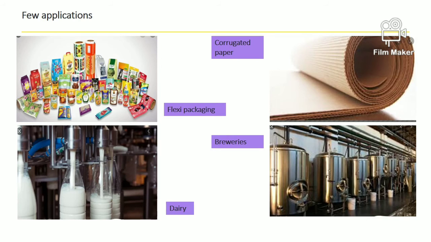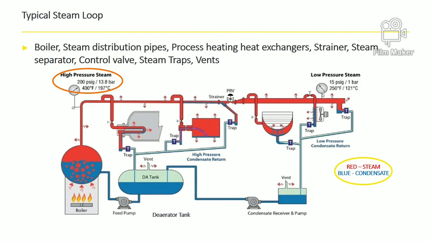Let us come to a typical steam loop. A steam loop contains various elements like a boiler, steam distribution pipes for carrying the steam, heat exchangers for process heating like milk or sugarcane juice, etc., strainers for filtering the steam.